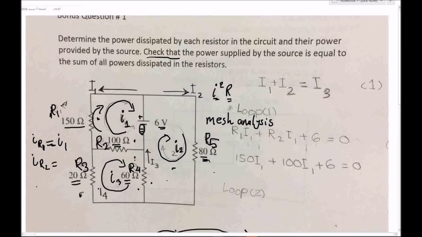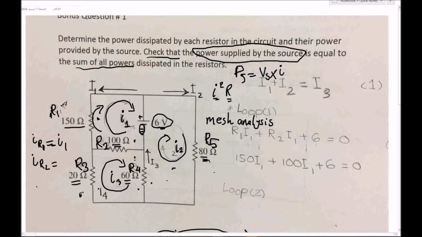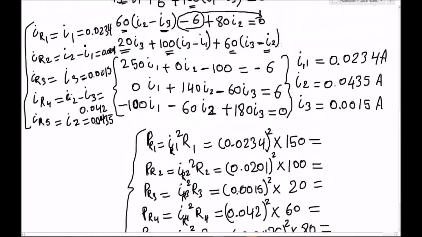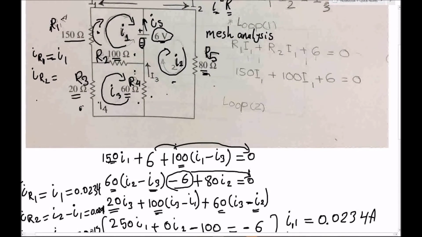It says check that the power supplied by the source is equal to the sum of all power dissipated by the resistors. So for the sum of all powers, we add all the powers. How do we calculate the power supplied by the source? First, where is the source? The source is this 6 volts battery, right? To calculate the power by the source we need V source, which is 6 volts, times I source. What is I source? It is the current coming out of the source. This current lies between two loops, I2 and I1, so it is I2 minus I1 or I1 minus I2, but I2 is bigger, so I source is I2 minus I1.